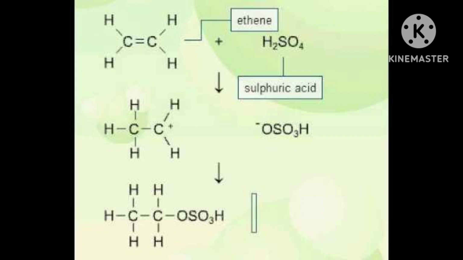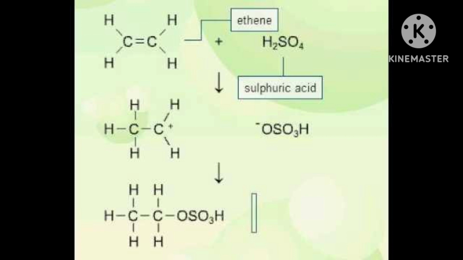This HSO4 is the negative part and H is the positive part, or you can say both have one electron: H has 1 electron and HSO4 has 1 electron. Then one H will join with one carbon and the other HSO4 is joined with the other carbon. Very simple. Then complete H2SO4 is present in that molecule. So the only thing is that one hydrogen joined with the first carbon and the remaining part is joined with the second carbon, and that is called hydrogen sulfate.